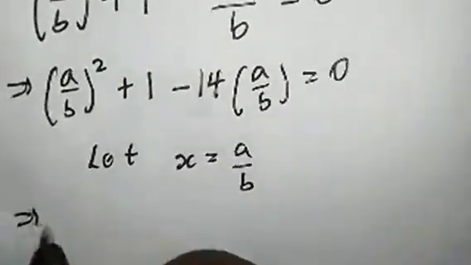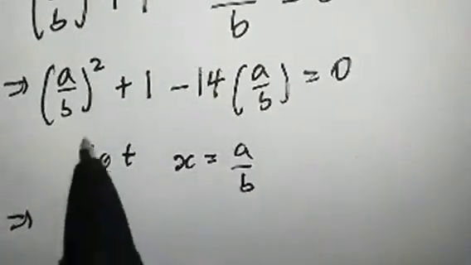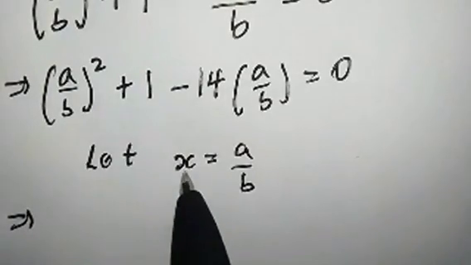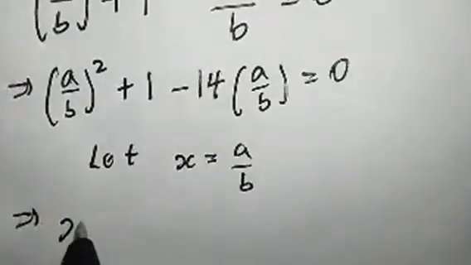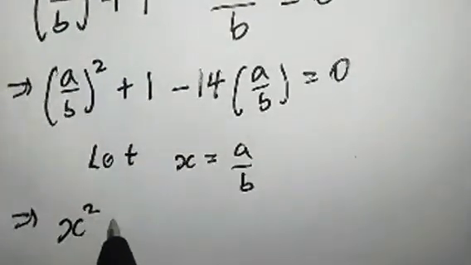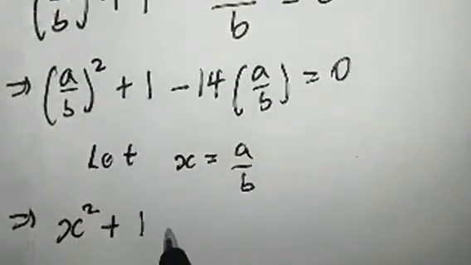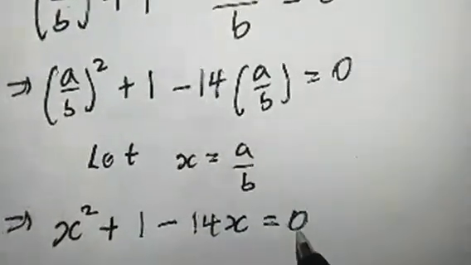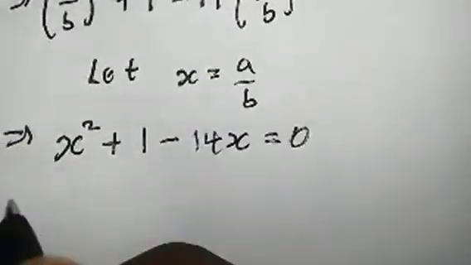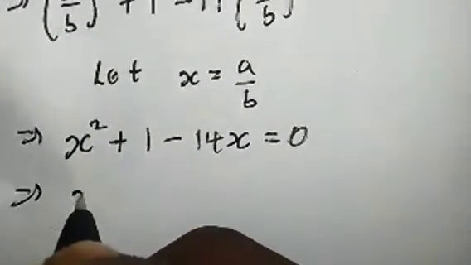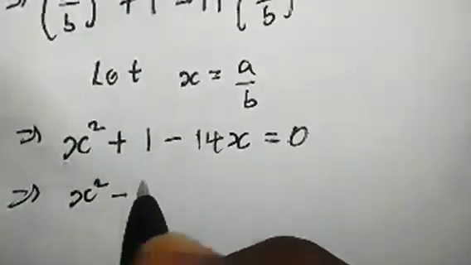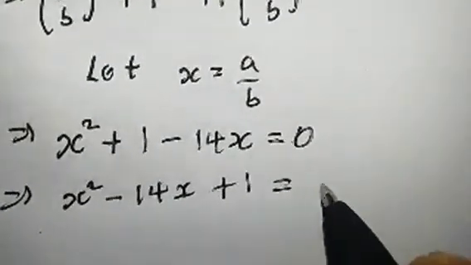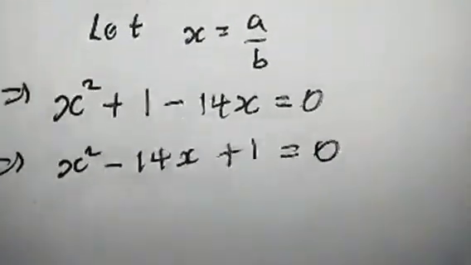This means that anywhere we see a over b, we replace it with what? We just replace it with x. So we have x squared plus 1 minus 14x equal to 0. This implies that x squared minus 14x plus 1 is equal to 0.